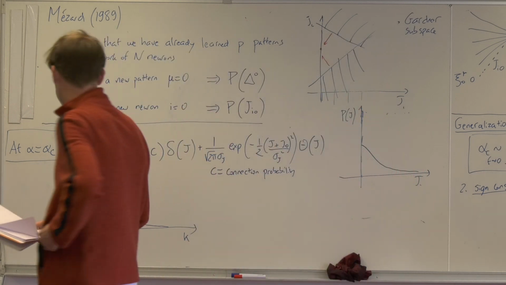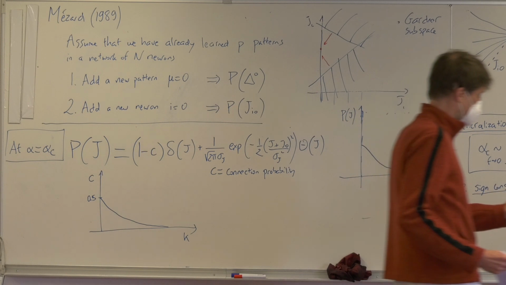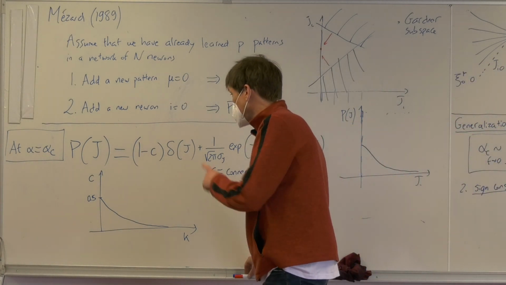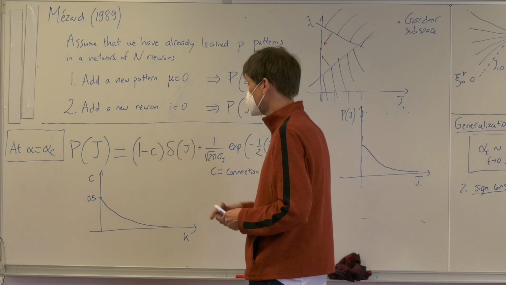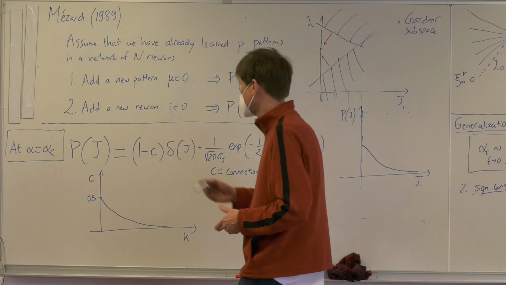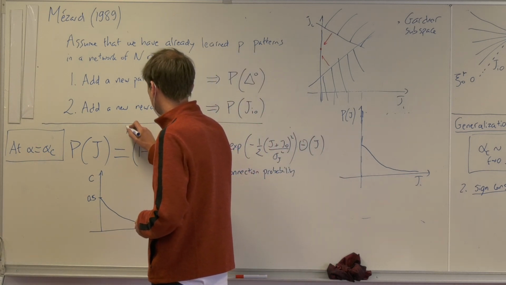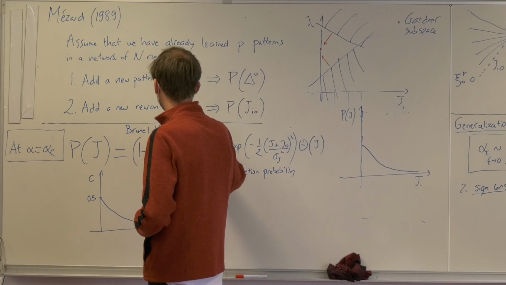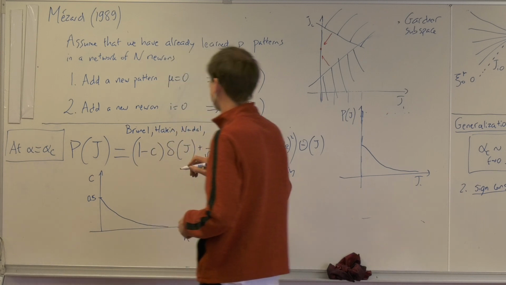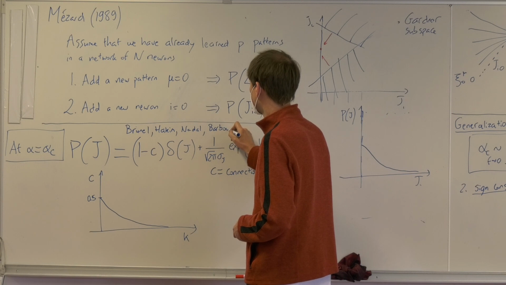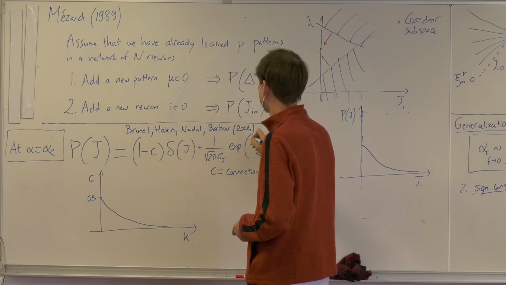Okay, let me see where I am now. All right, so this calculation of the distribution of weights, a relatively simple generalization of the previous calculation, is a calculation that we did in a paper with Vincent Hakim, Jean-Pierre Nadal, and a neurobiologist from the École Normale Biology Department, Boris Barbour, from 2004.